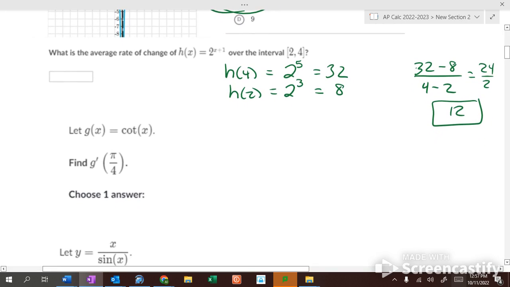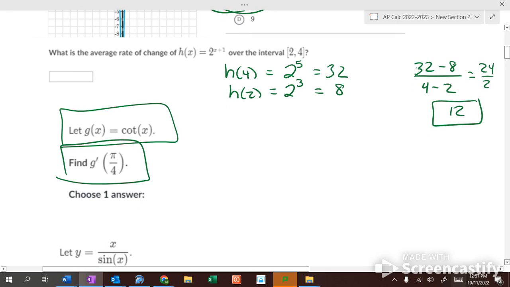Average rate of change. If g of x equals cotangent of x, what's g prime at pi over 4? Well, you'd have to grab your note card and look at the first derivative of the cotangent. The first derivative of cotangent is cotangent x cosecant x, correct? No, it's cosecant squared.